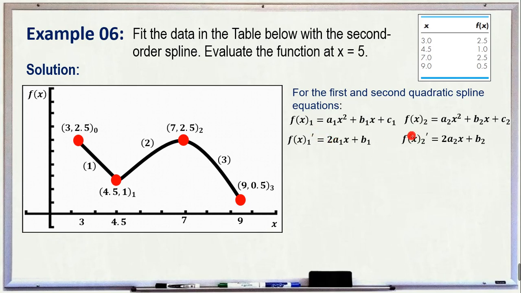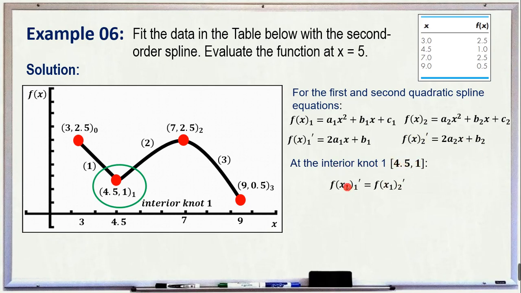And for the second quadratic spline equation, that is 2a sub 2 x plus b2. So at the interior knot number 1, whose coordinates are 4.5 and 1, both the first derivatives of the first and second quadratic spline equations are equal. That is why I'm equating these two.